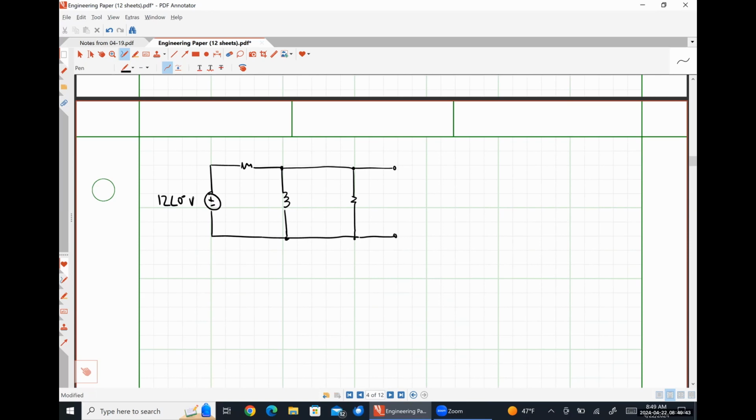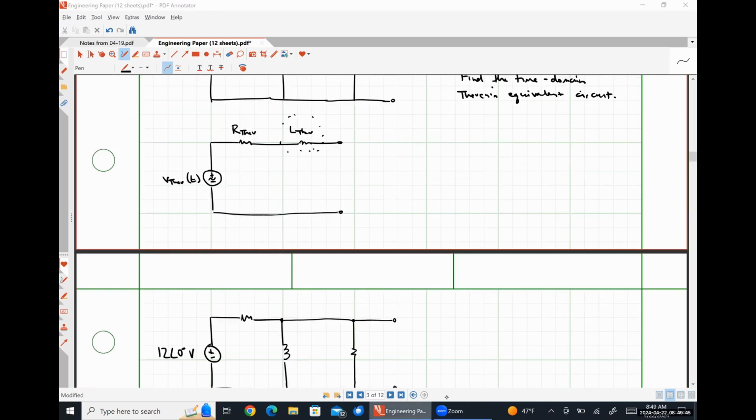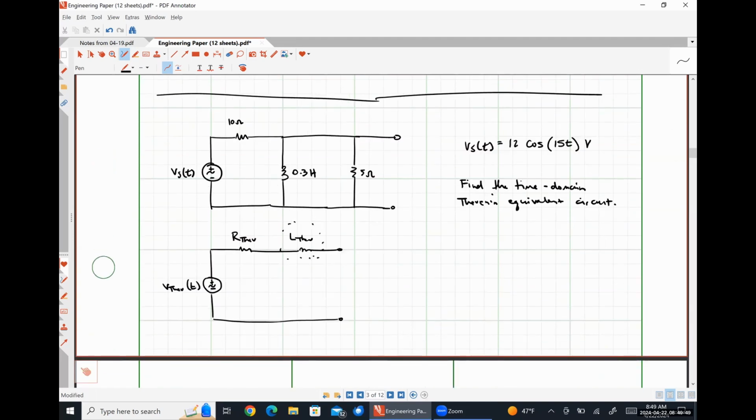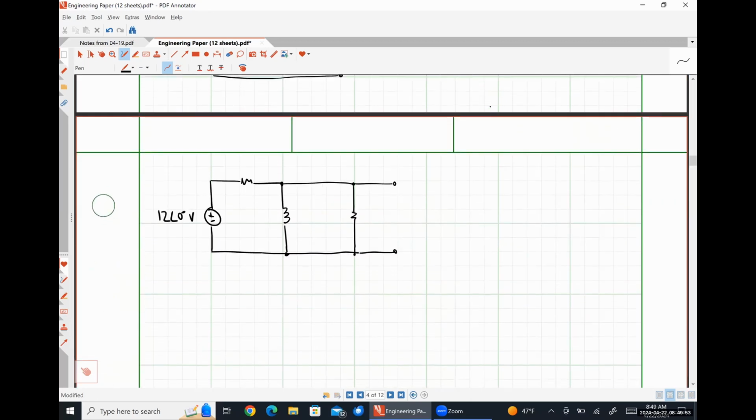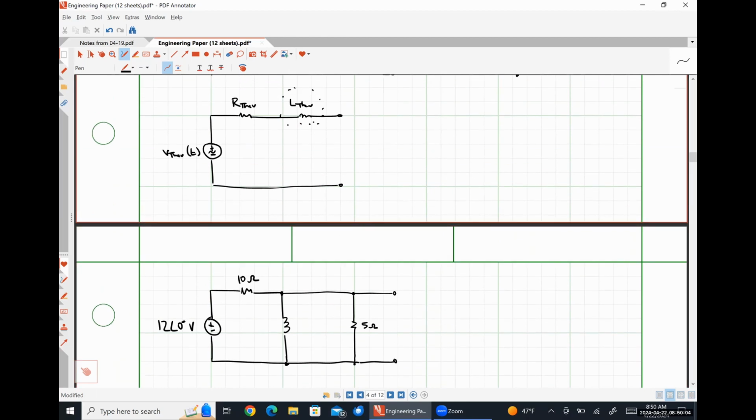What should the impedance of my 10 ohm resistor be? 10 ohms, because the impedance of a resistor is just the resistor value. So I'll go ahead and put a 5 ohm resistor here. What should the impedance of my inductor be?